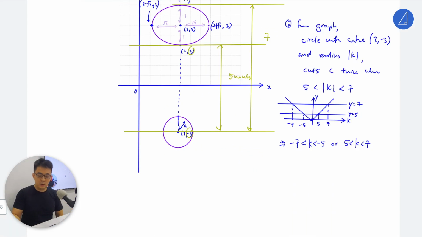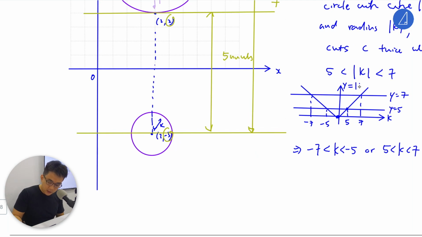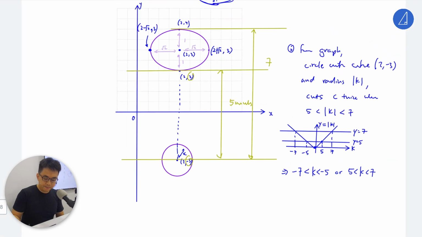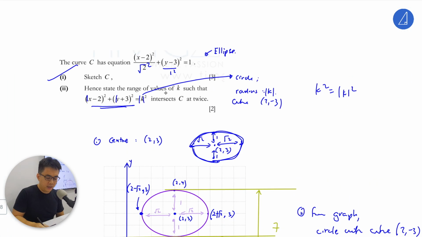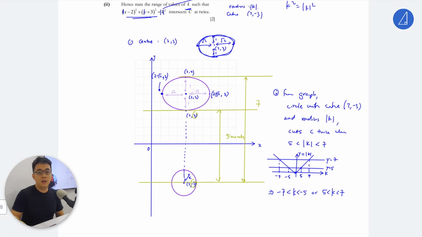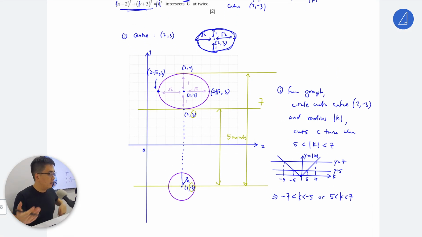Okay, so this is the y equals modulus k graph. But usually what they'll say is state the range of values of k where k is positive lah, so you can just ignore this negative side. Okay, but this question they didn't say they want it to be mod k, so just be mindful of that.